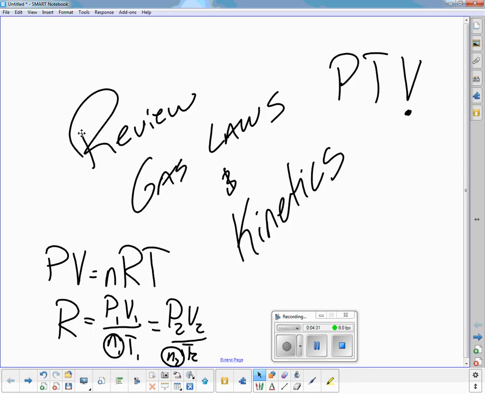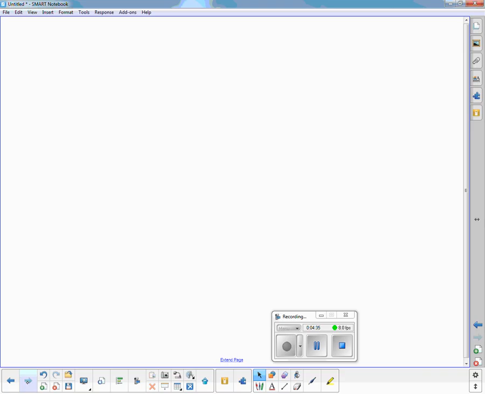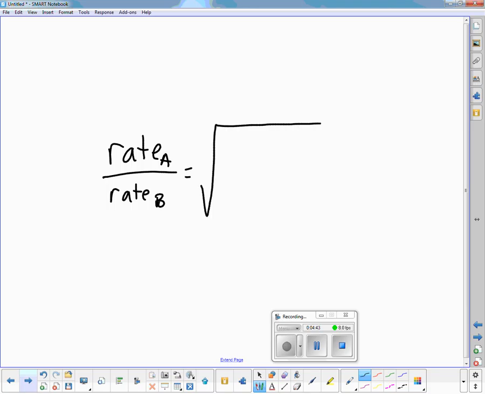Rate A divided by rate B equals the square root of the molecular mass of B divided by the molecular mass of A. Rate, speed, velocity all mean the same thing. If they say anything like that in a problem, you know you've got Graham's law.